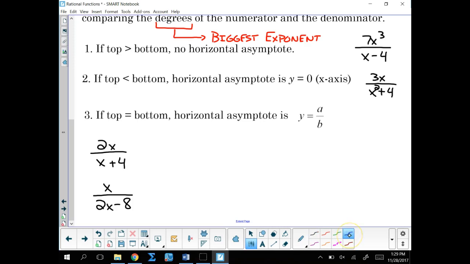A is the lead coefficient of the top, okay, and B is the lead coefficient of the bottom.